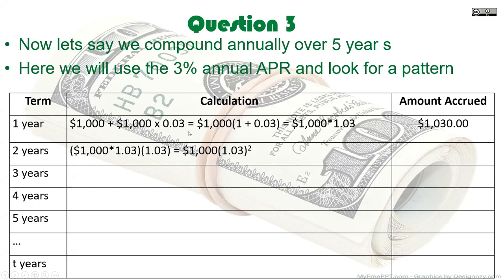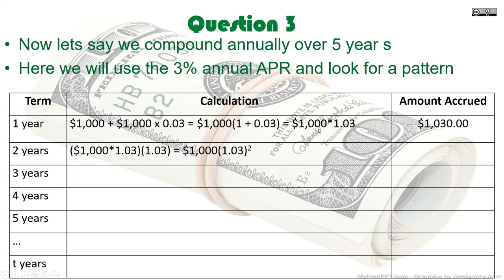So what we'll do is we'll pull out the $1,000, and this is a simple procedure, and put the bracket, because 1,000 times 1 is 1,000, and 1,000 times 0.03 is the same thing as this. So that's the same thing.